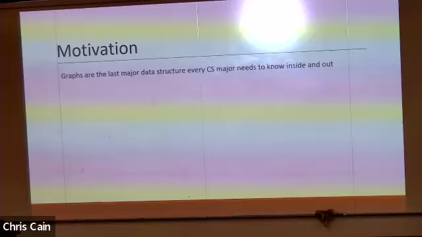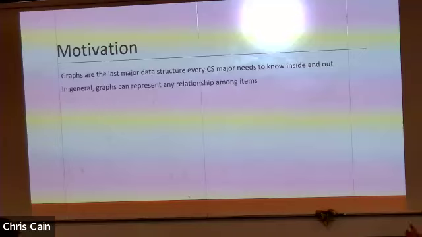They are kind of a one size fits almost everything. You can structure almost everything as a graph. A tree is a graph with additional restrictions. So graphs can represent really any relationship among any set of items. It's truly powerful.